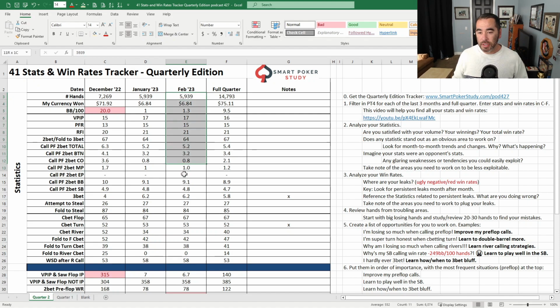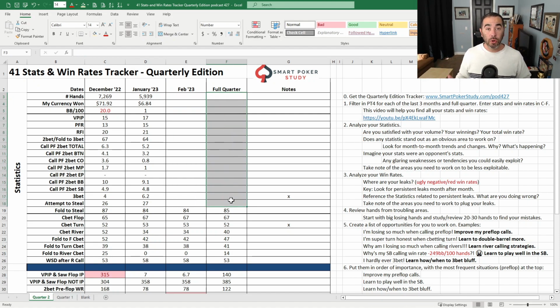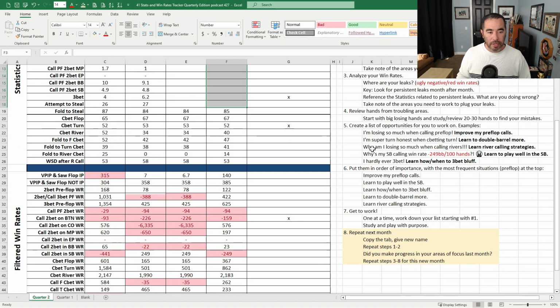Clear all those cells, enter in the new data for the full quarter, and then boom, you're going to repeat the process, analyze these new statistics, see how things developed now from December to January to February, right? Analyze those win rates, review troubling hands, from all these troubling spots, create that list of opportunities, put them in order, get to work again for the next month of March.